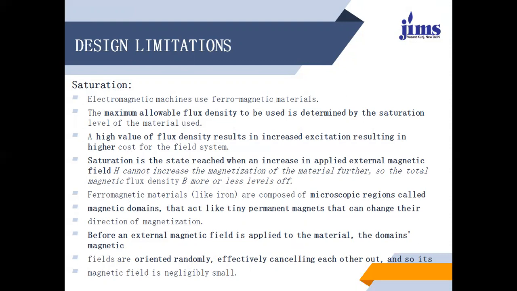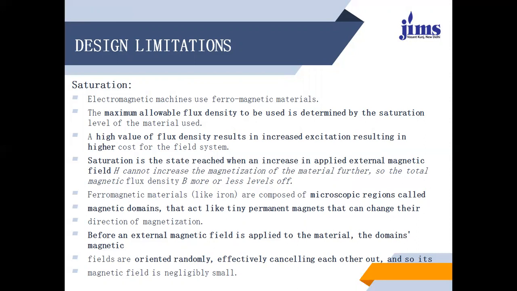Another parameter in the design limitation is saturation. Electromagnetic machines use ferromagnetic material. Under normal conditions, we opt for ferromagnetic material for electromagnetic purposes. The maximum allowable flux density to be used is determined by the saturation level of the material used.